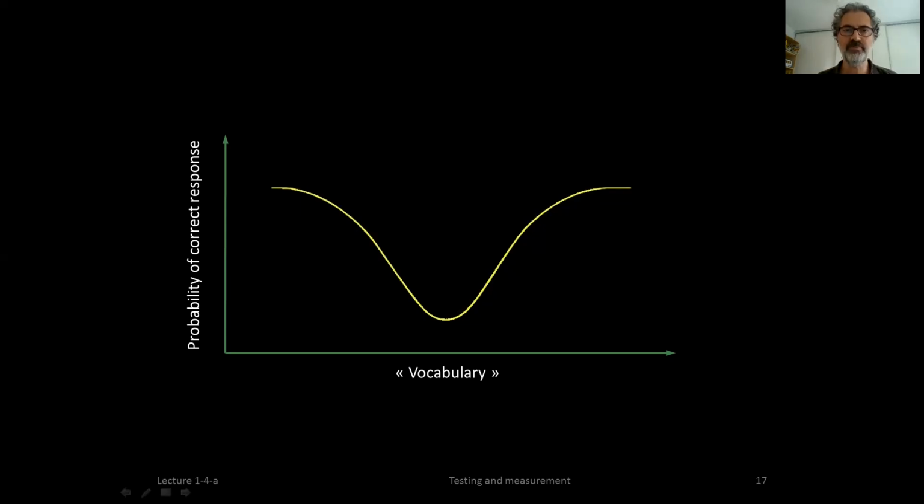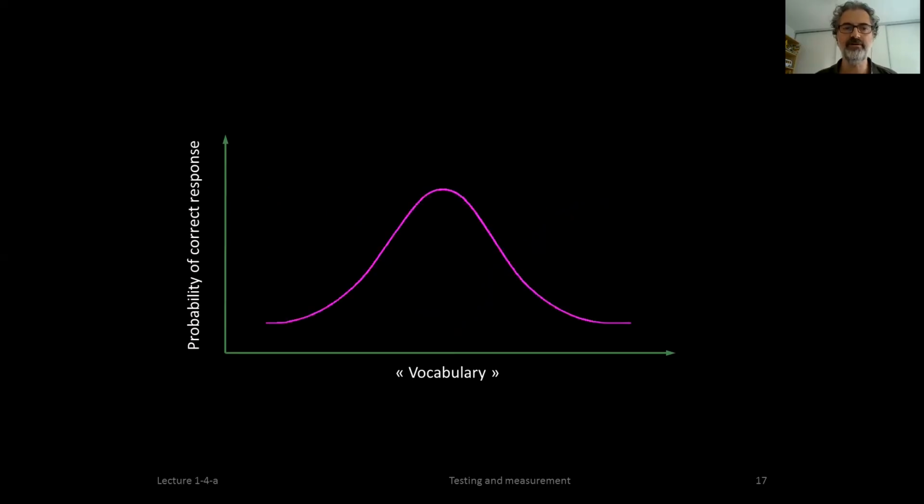This shows us a hypothetical item for which people with low vocabulary and people with high vocabulary are highly likely to answer correctly, but people with intermediate vocabulary are not likely to answer correctly. And we can also imagine the inverse. This is a hypothetical item which people with low vocabulary don't know, don't answer correctly.